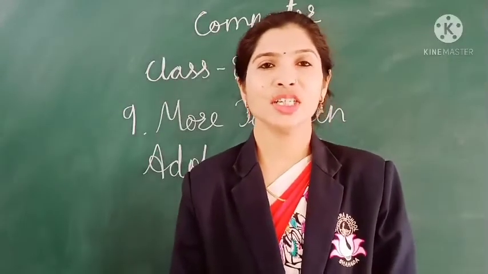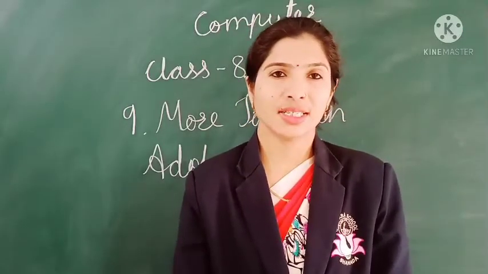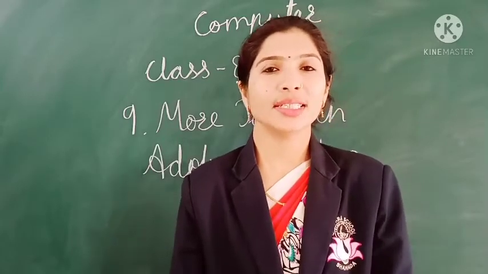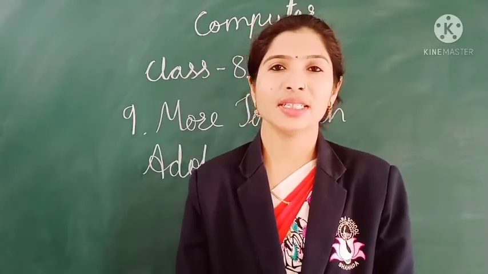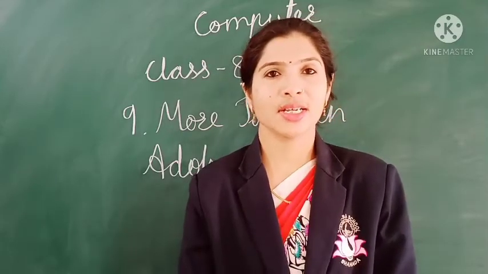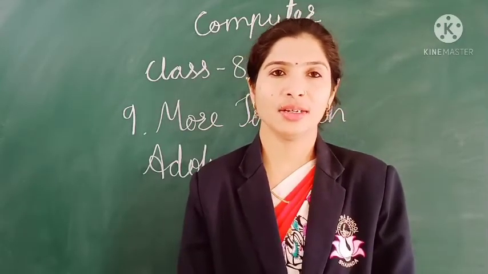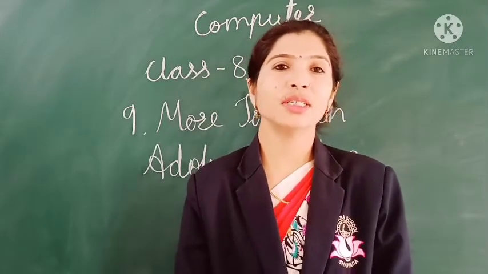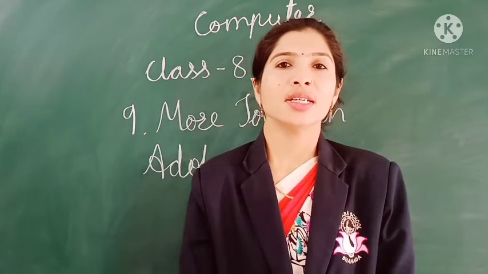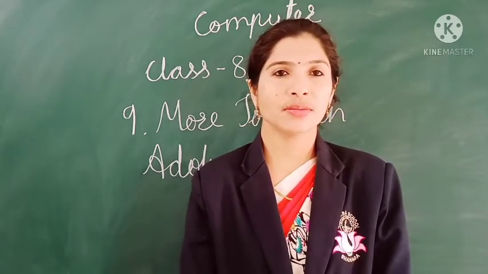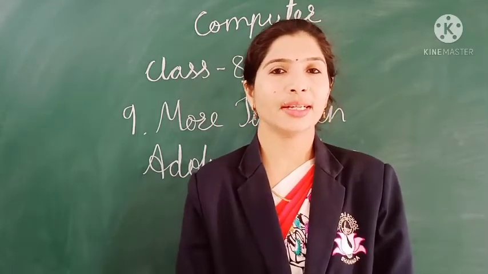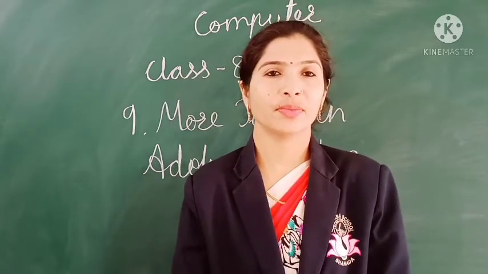Now, retouching tools. You can adjust the colors of your image and provide it with minor retouching by various tools and commands. Some of these tools are dodge and burn tools, hue and saturation tools, sponge tool, blur and sharpen tools.